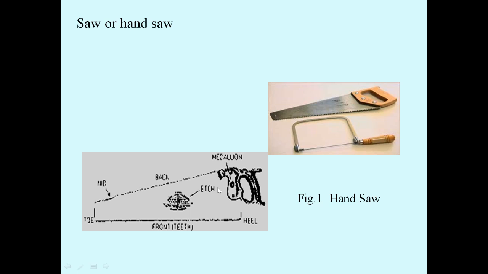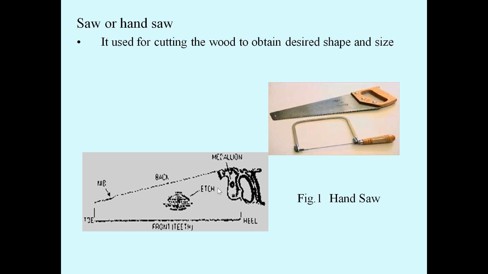You can see here. The saw is used for cutting the wood to obtain the desired shape and size. With the help of a saw or hand saw, we are cutting the wood to a desired shape and size.